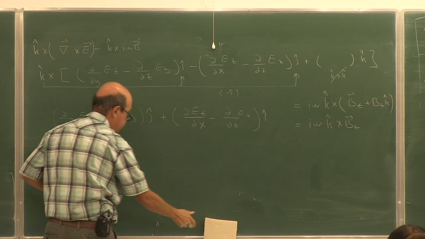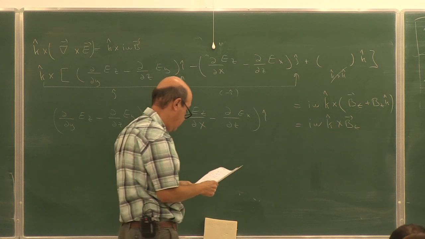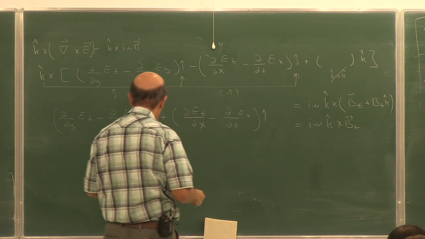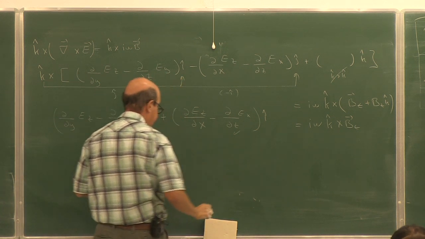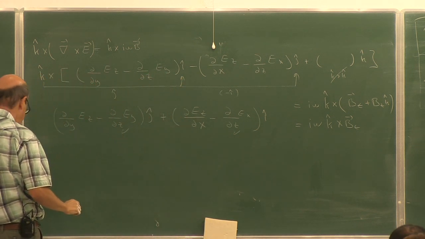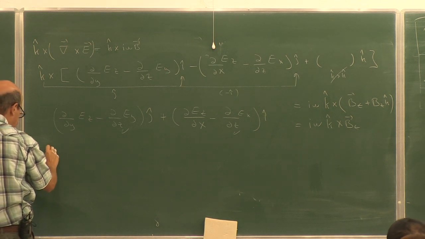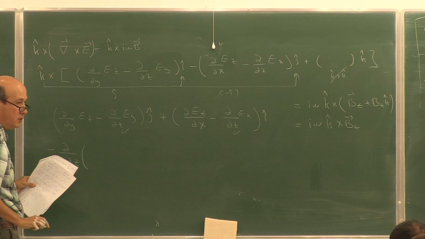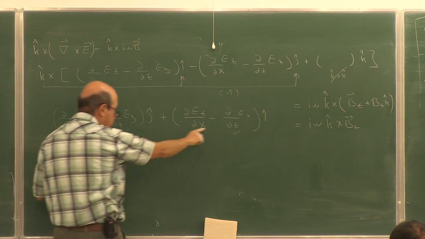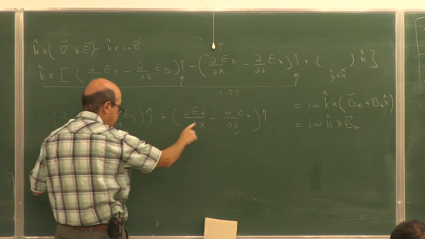So here you can do the following thing. Look at the del over del z. You have it here and you have it here. If you take the parenthesis of minus del over del z, you have two terms of del over del z with minus.